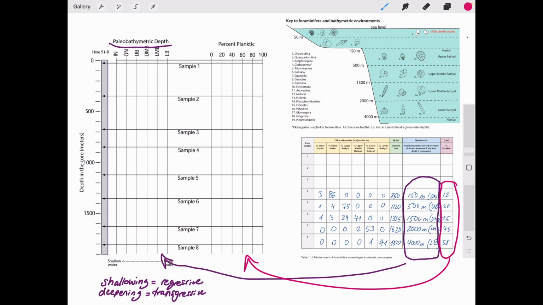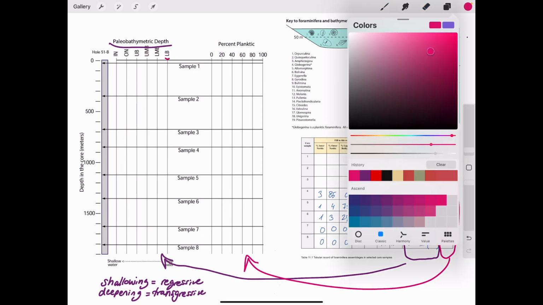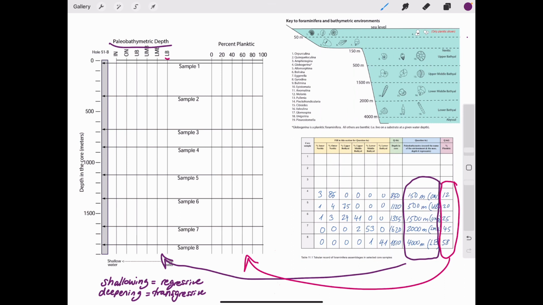Okay, so let's say that you are going to plot sample 8. I'll start with sample 8. What you're going to do is see, this one is 4,000, it's lower bathyal, and that one's going to be right here, so it's sample 8. Let me switch the pen. Okay, so I'm looking at this one, and therefore we're going to plot it right here.